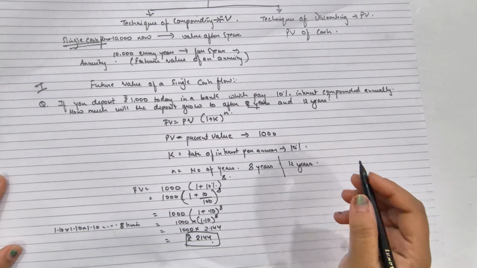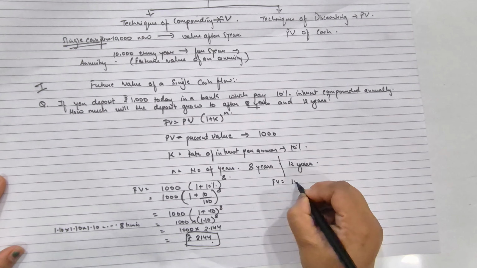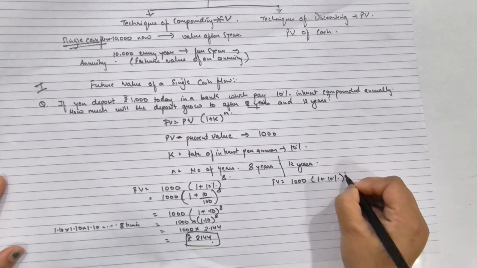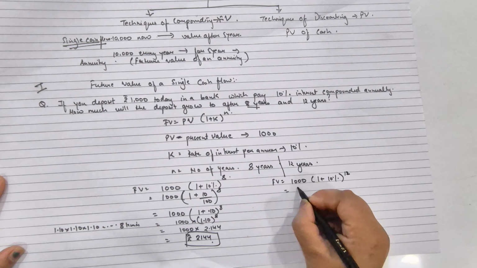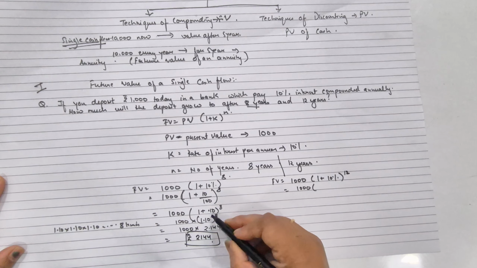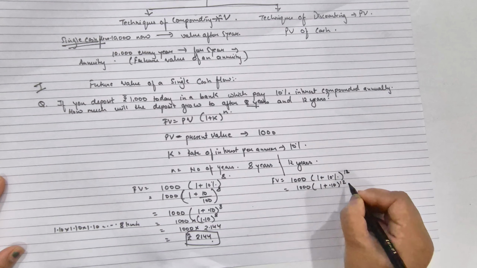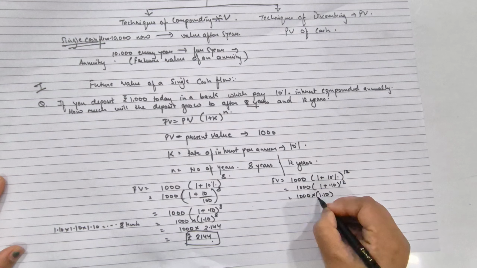Now if you use a similar formula for 12 years, the future value equals 1,000 times (1 plus 10%) to the power 12. The only thing that will change here is 12 years, students. So now I will directly do this. I know this is 1.10, so 1 plus 0.10 to the power 12, that is 1,000 multiplied by 1.10 to the power 12.